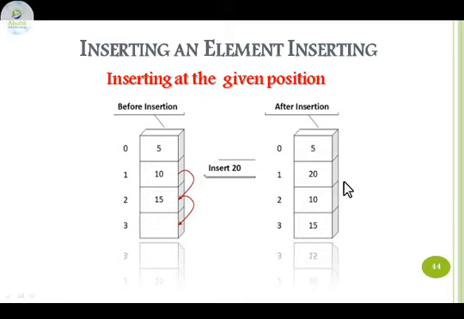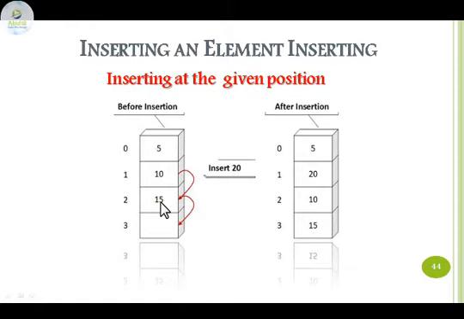Then the next scenario is inserting an element at a given position. From the asked position, I need to shift all the elements, that is exactly from the last element, each value till the asked position will be shifted. For example, I want to insert 20 over here at position 1.